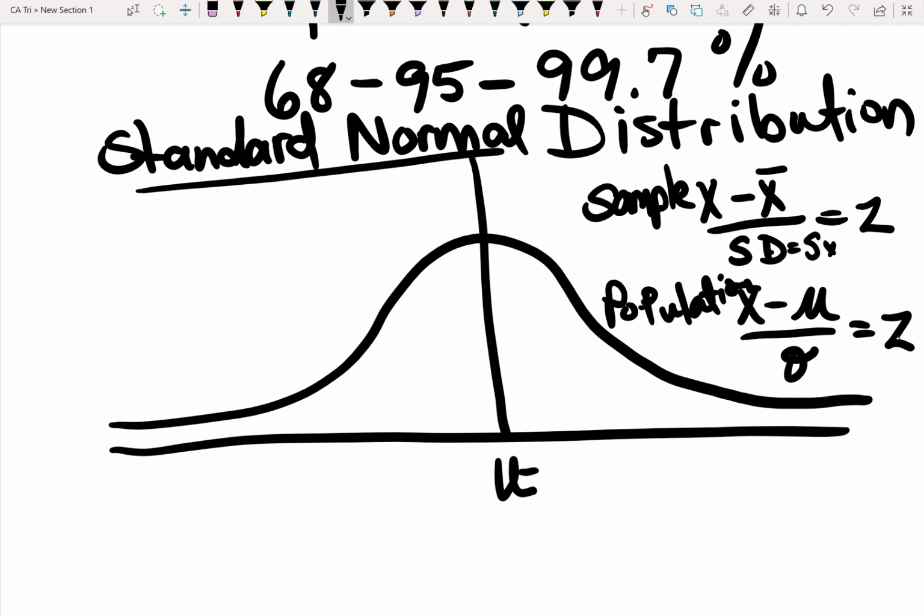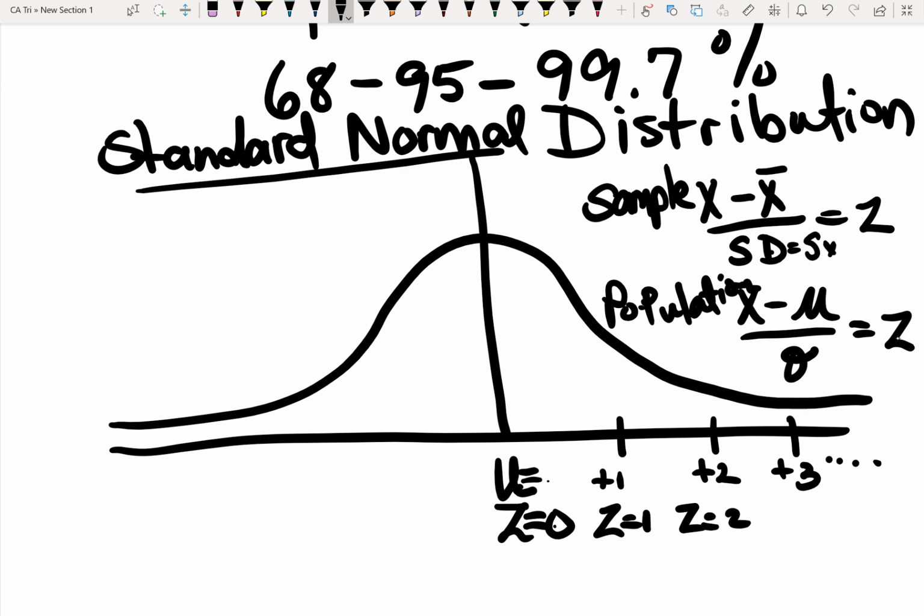Alright, so the mean is in the middle. We assume z to be 0 when whatever value is equal to the mean. Every time you go up a deviation, this will become +1, +2, and +3 z-score, and there are more at the end. So this is z equal to 1, z equal to 2, z equal to 3. Okay?